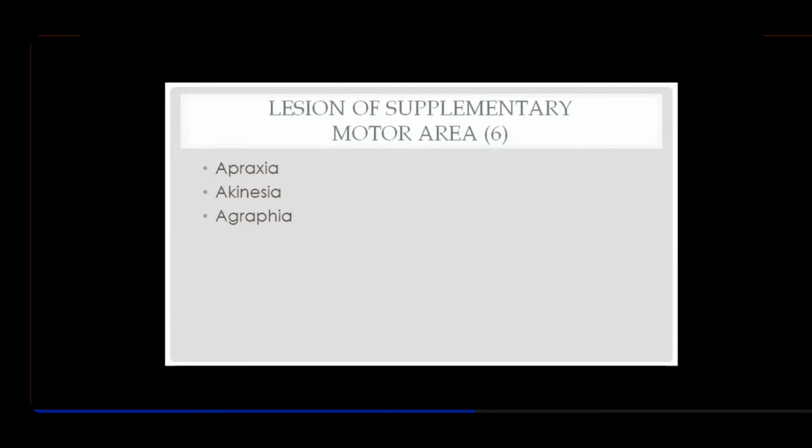Now, as I told you, this surface has a somatotopic representation, but the direction of the representation is not very clearly given, but it does have a representation. So when there is a lesion in supplementary motor area number 6, if it involves the area of the hand, the intrinsic muscles of the hand, it will hamper your writing, right?